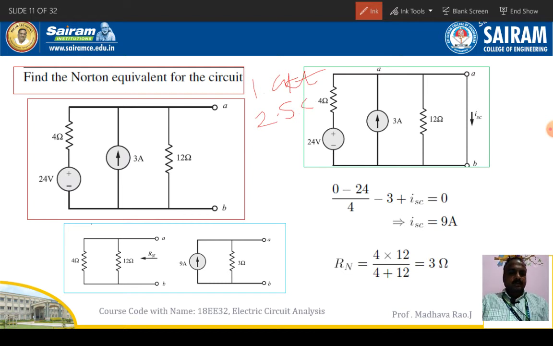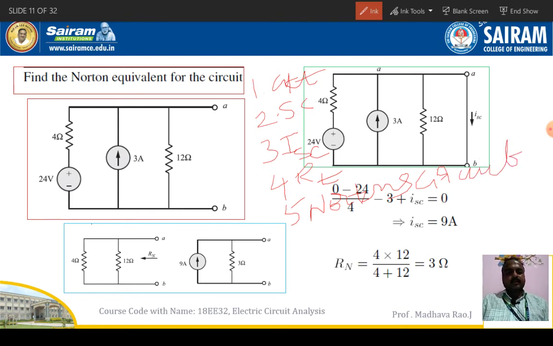Then the third one is find the short circuit current, and the fourth one is find the equivalent resistance or Thevenin's resistance. Then reconnect the circuit as Norton's circuit. So these 5 steps we have to follow while we are doing the problem.